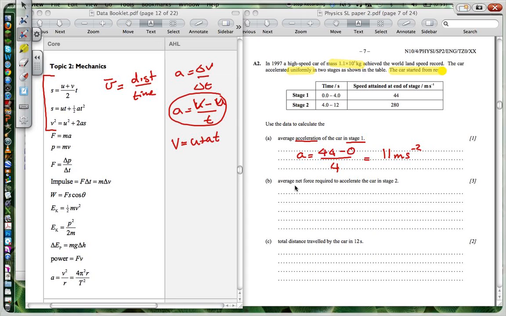Then it says the net average force required to accelerate the car in stage 2. Now obviously here we're going to be using this formula over here, and that we'll be able to use to find the net force. But firstly we're going to need to find our acceleration. So in this stage we're going to use the same formula, where our v is now 280, so 280 minus our initial.